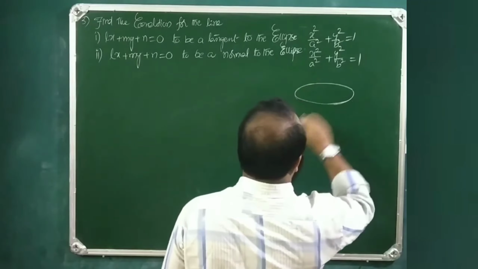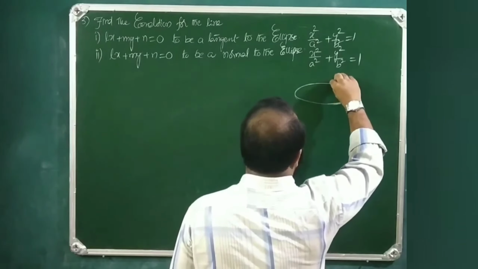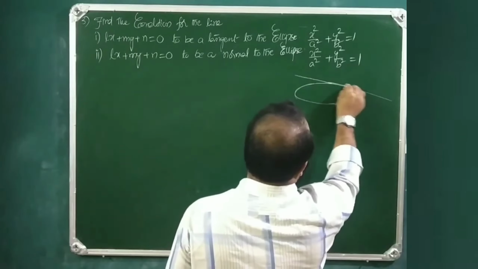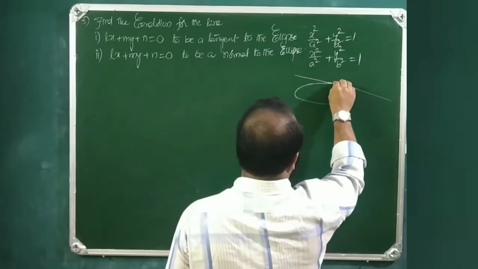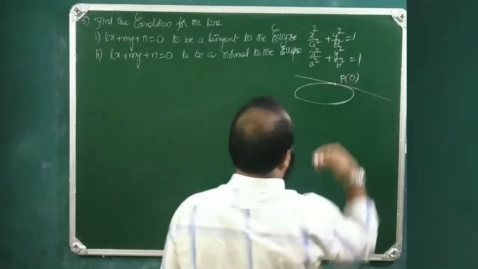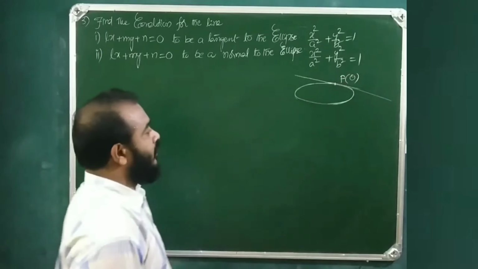So now this is the tangent, for example, at a point P theta. I will take the parametric point. And this line is Lx plus my plus n equals to 0.